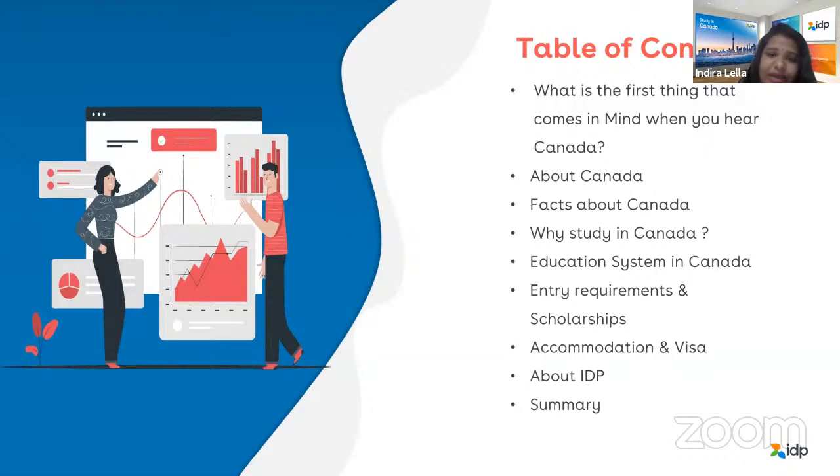Do I really have to take all the exams out there to qualify for Canadian education? How much is it going to cost me? When can I start my process? What are the exams that I have to take? No worries, we are going to discuss each and everything in the slides today. So we'll just go ahead with this.